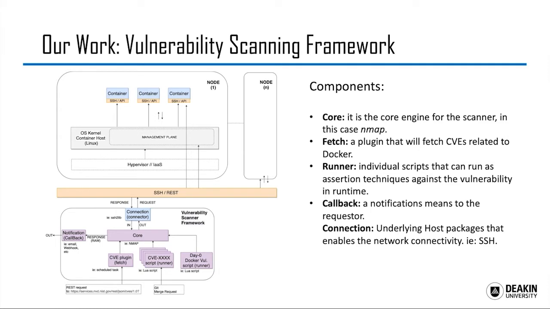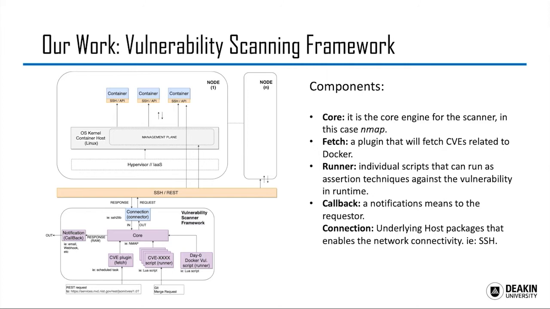Our vulnerability scanning framework consists of 5 components. This is the core component, technically the engine that runs Nmap in the scanner, and we also use a fetch module that will go and retrieve the CVEs related to Docker or related to our environment out of the NIST API.